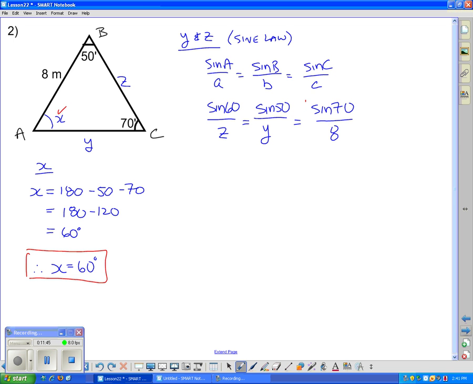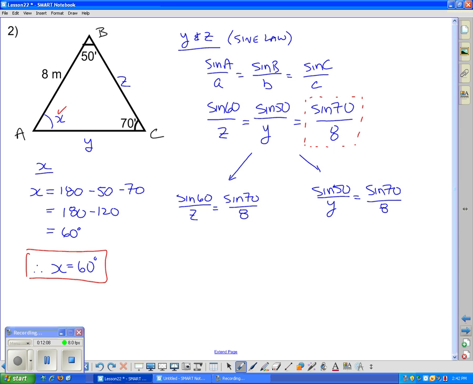The third fraction is our pivot fraction. It's got all the information in that we need. So from this relationship, we come out with two equations. We know that sine 60 over Z equals sine 70 over 8. We also know that sine 50 over Y equals sine 70 over 8.